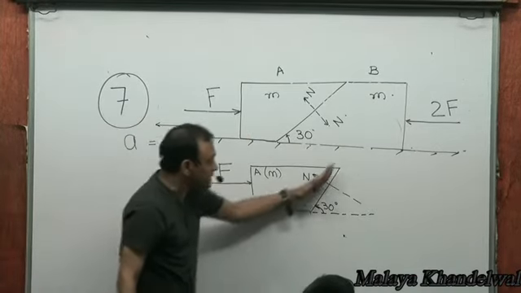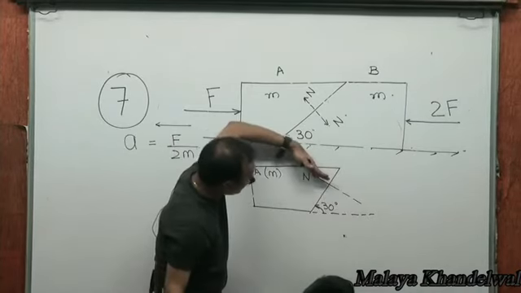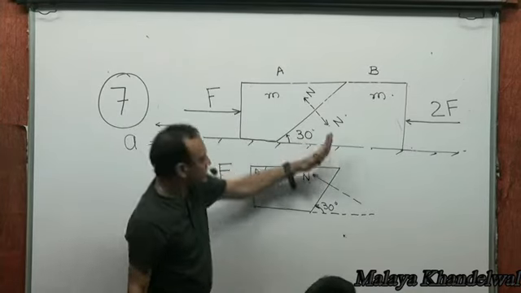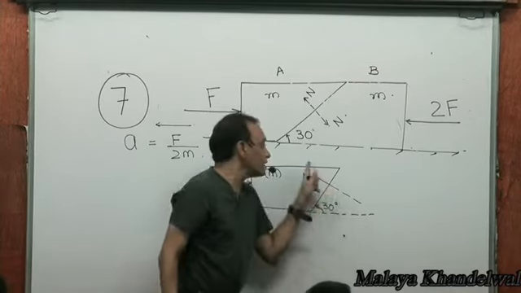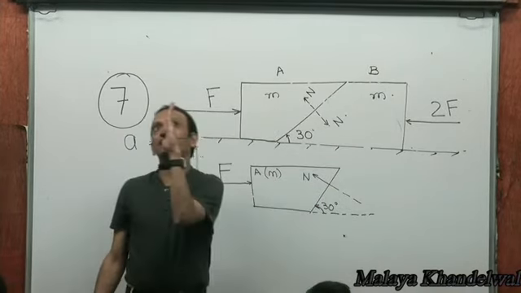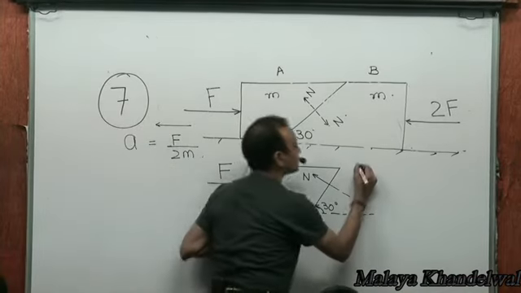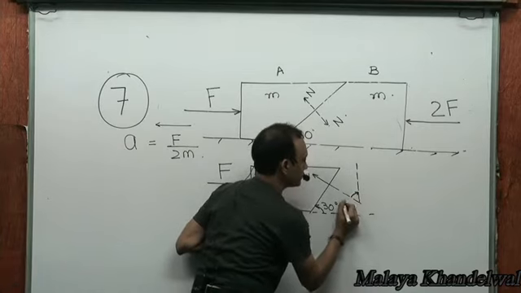Now, see, if this surface makes an angle 30 degrees with the horizontal, the perpendicular to this surface will make an angle 30 degrees with the vertical. Yes or no? If a given surface makes an angle 30 degrees with the horizontal, then the perpendicular to the surface will make an angle 30 degrees with the vertical. So this makes 30 degrees with the vertical.